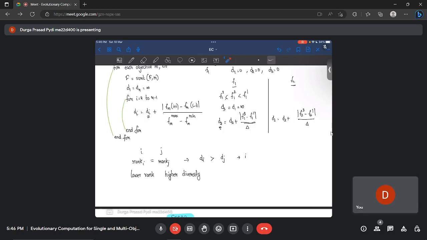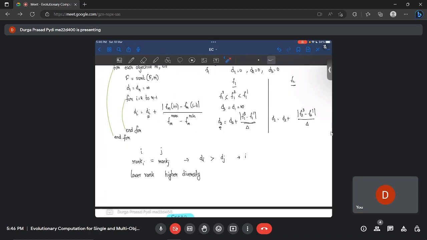If I do f2 first and then f1, the result will be the same. You can see from the expression that when you are doing it for a particular objective function, only that objective function's term is there. It's just like you are summing over different objective functions, a linear combination of all of them.